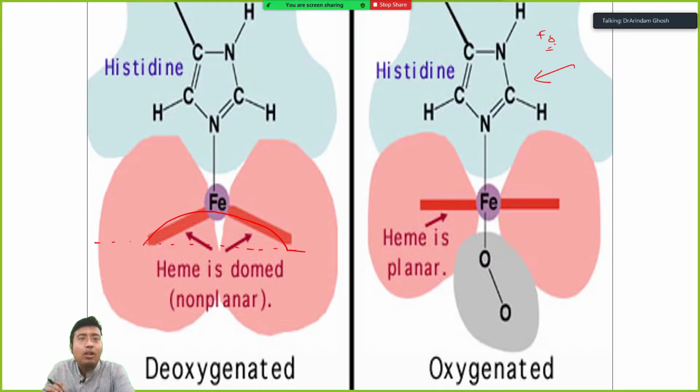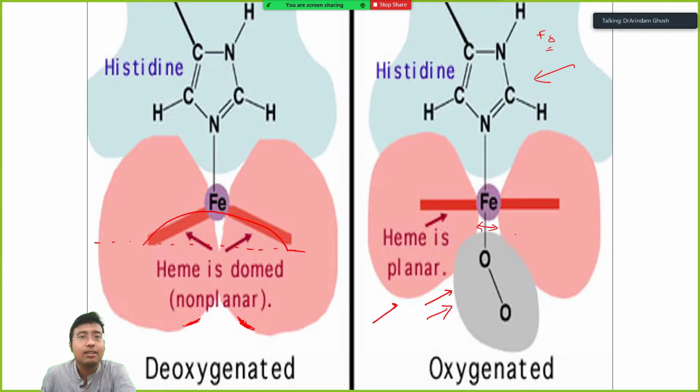This small change creates a gap. You can see that at first both these globin chains were so close to each other. Now that the oxygen has entered, there is a gap because oxygen has pushed itself in, number one, and it has pulled the iron in between, number two.